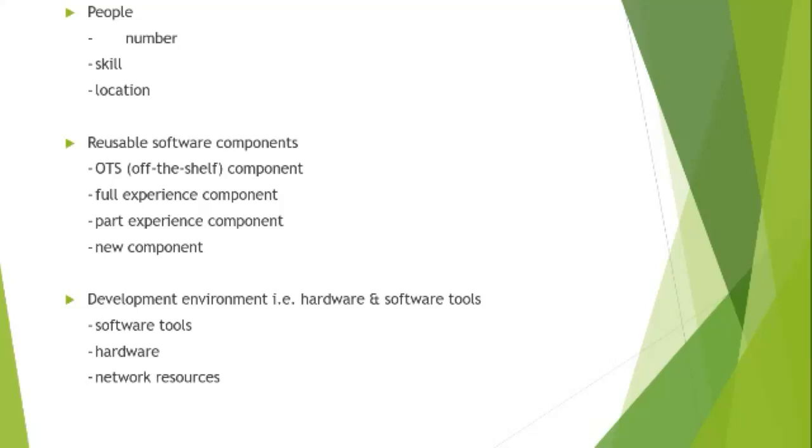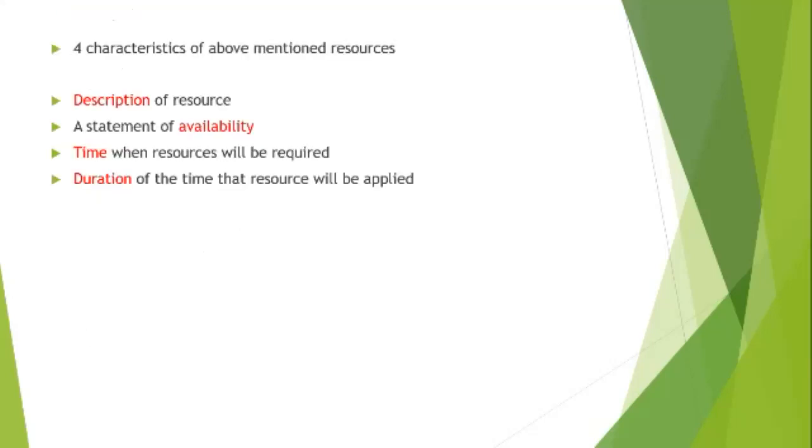Development environment, that is hardware and software tools, hardware network resources. There are 4 characteristics of the above mentioned resources: description of the resource, statement of availability, time when the resource will be required, and duration of the time that the resource will be applied.